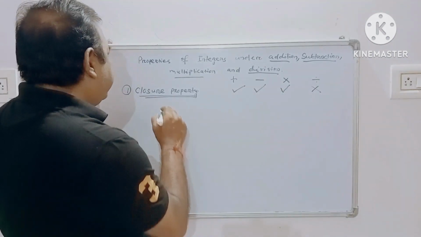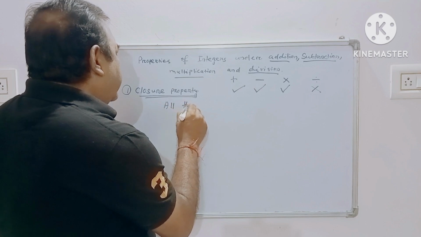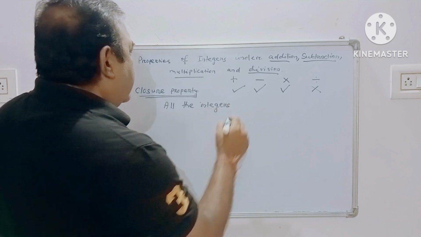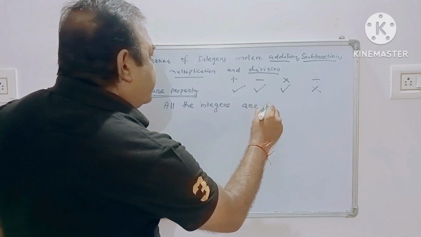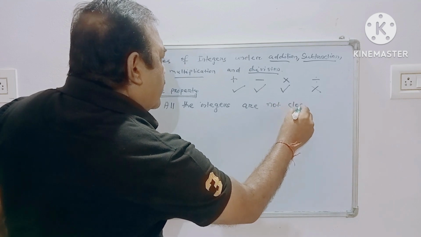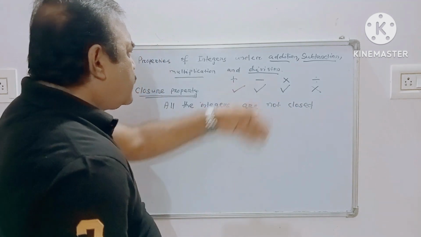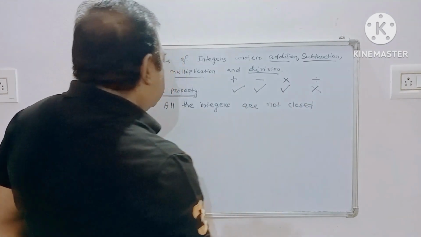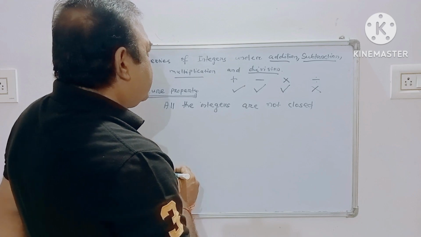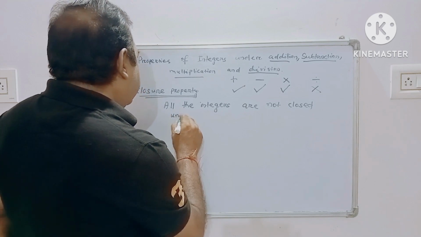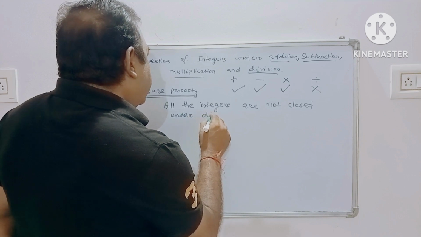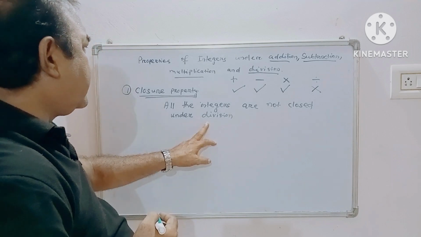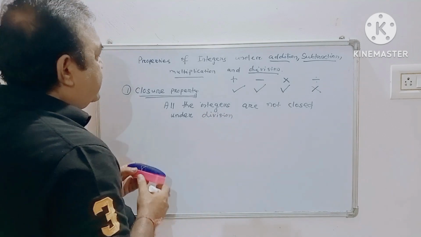So we may write, all the integers are not closed, or do not show closure property, under division.